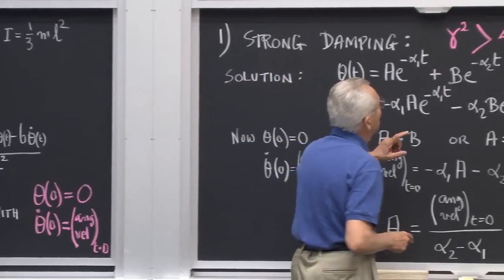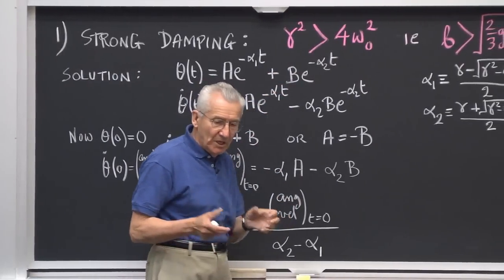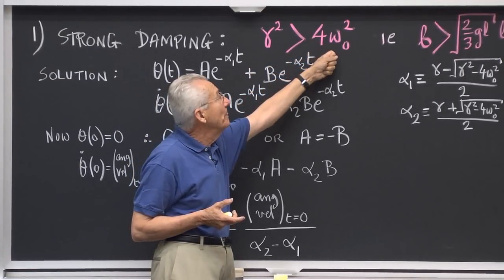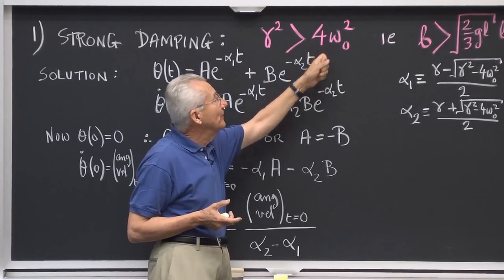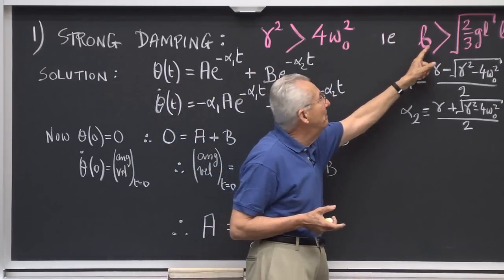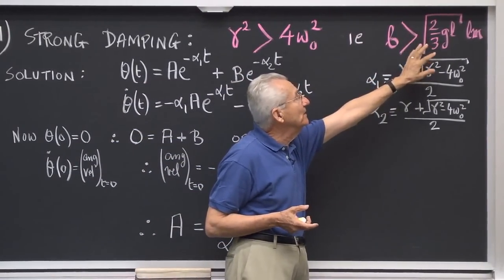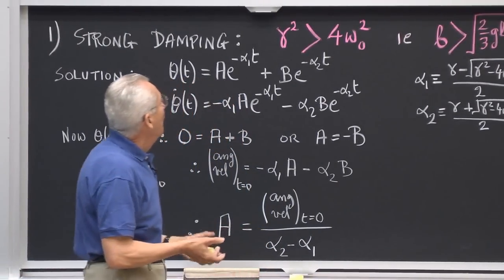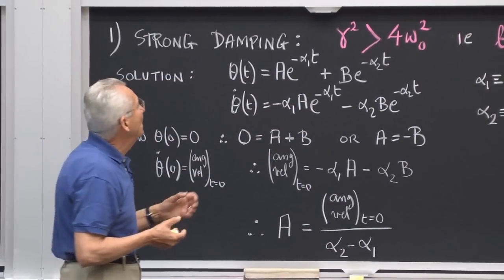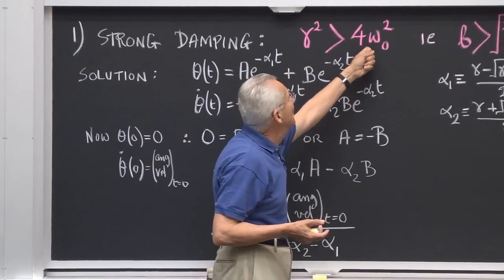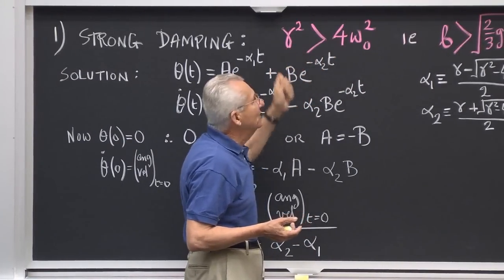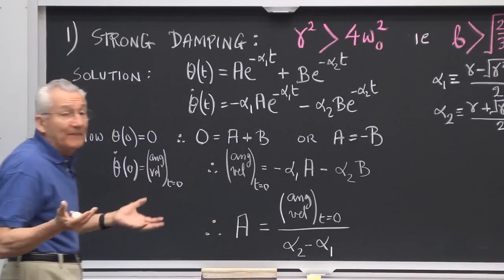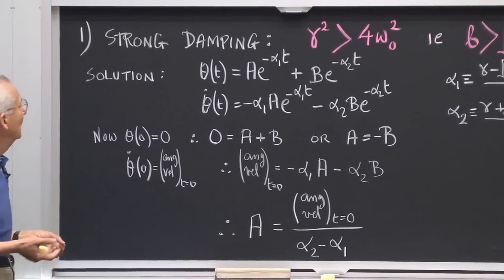One finds that if you have gamma squared greater than 4 omega 0 squared, in other words, if you have this B constant bigger than a certain amount, this means you have heavy damping. You have one kind of solution, while if it's the other way about, you get a different kind of solution. It's not obvious, but that's what mathematics tells you.